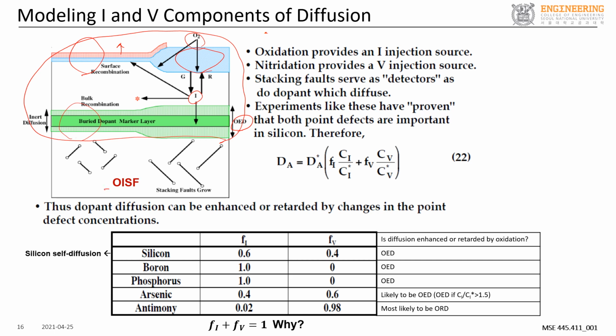Another one is something called oxidation-induced stacking faults, right? These faults will grow with higher interstitials, and you can see that with the oxidation, the stacking faults grow faster. So anyway, this is the typical equation we use to find a new diffusivity as a function of the concentration of the interstitials and vacancies. It's pretty simple.